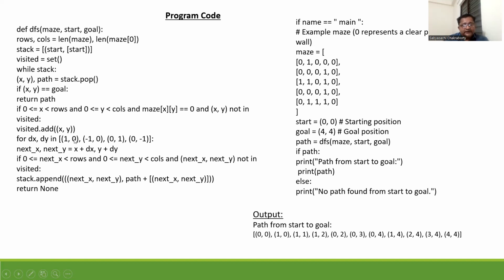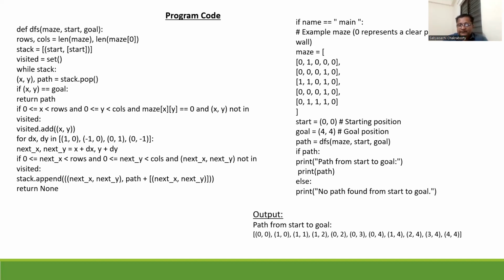Now, next is x plus change in x. Dx can be negative, positive, or 0. Dx can be plus 1, minus 1, or 0. Zero means there is no movement. Minus 1 means the row decrements, backtracking to the previous row, and plus 1 means going forward to the next row.